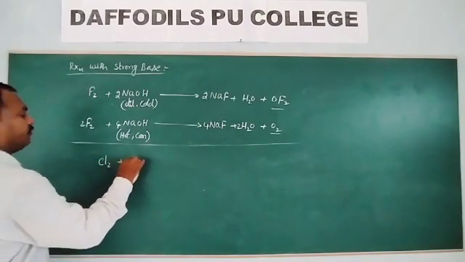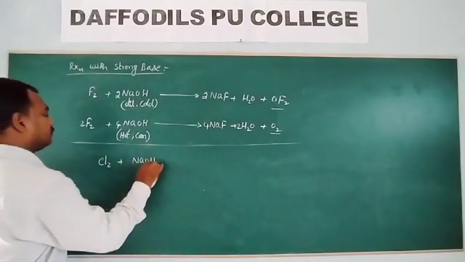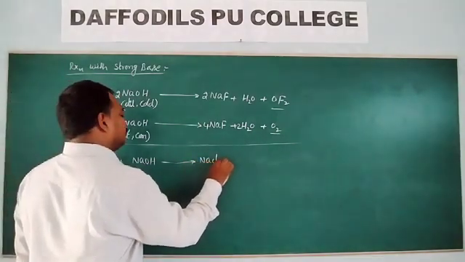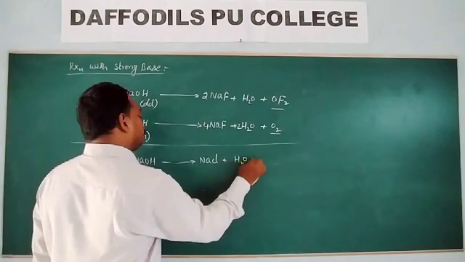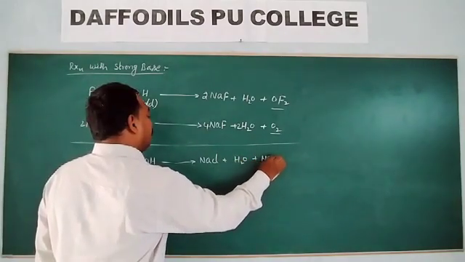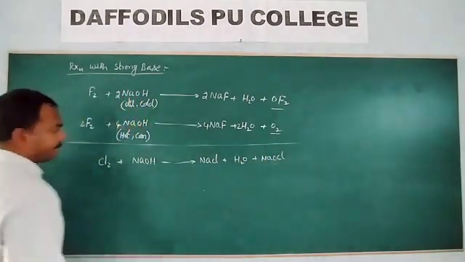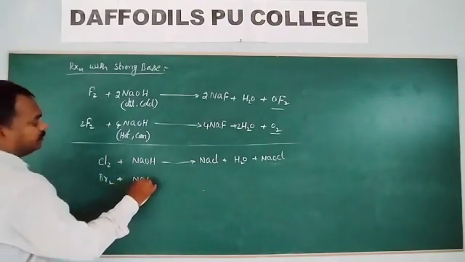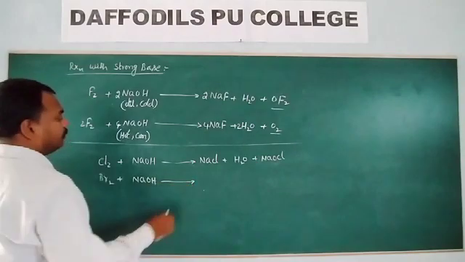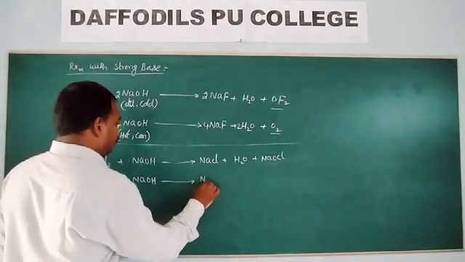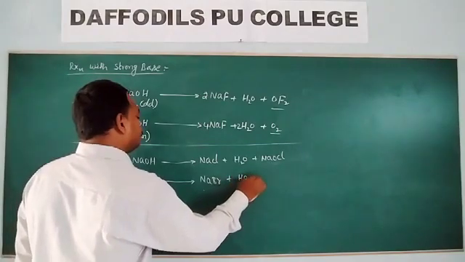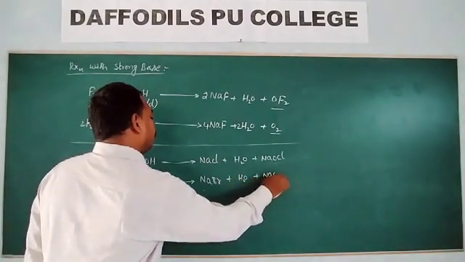When chlorine reacts with the sodium hydroxide, we will get NaCl, H2O and NaOCl. When bromine reacts with sodium hydroxide, we will get NaBr, H2O, NaOBr.